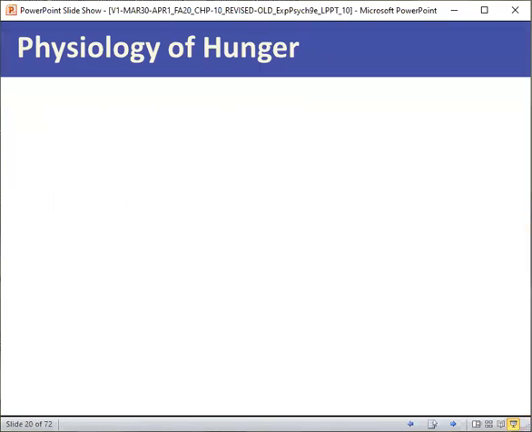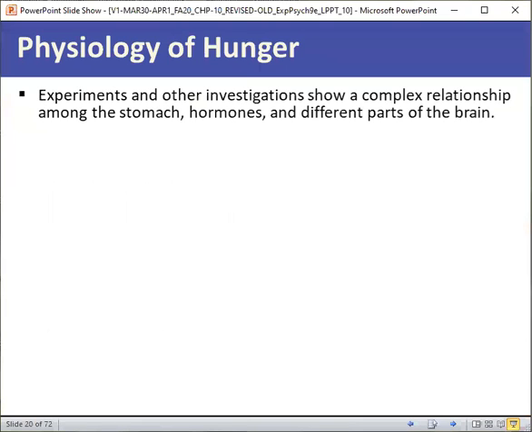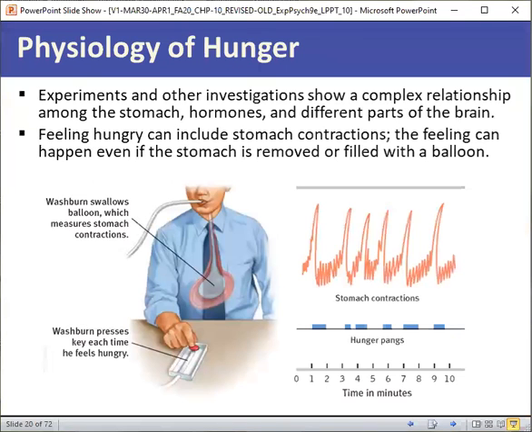Now, let's look at the physiology of hunger. What's going on? Experiments and other investigations show a complex relationship among the stomach, hormones, and different parts of the brain. Feeling hungry can include stomach contractions. The feeling can happen even if the stomach has been removed or filled with a balloon. So what we see here, this individual swallowed a balloon which measures stomach contractions.